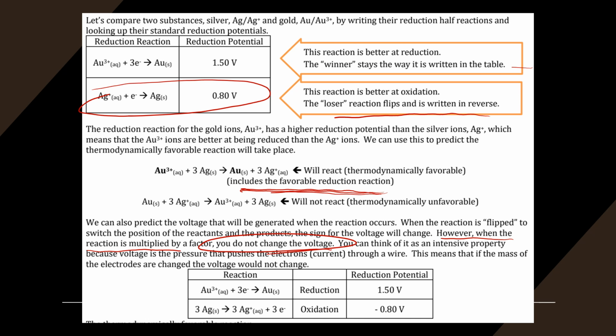So you see that now, after doing the reduction and the oxidation, recognizing what it is and flipping it, your reduction potentials are 1.50 volts and now negative 0.80 volts.